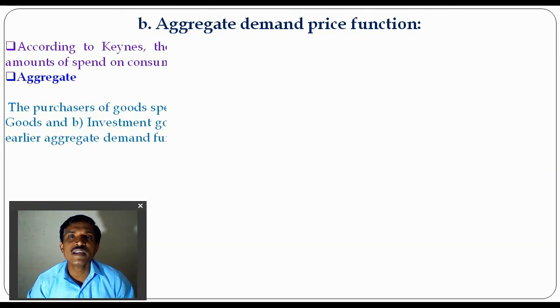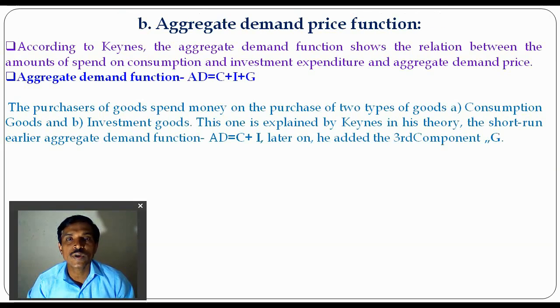The next thing is the aggregate demand price function. According to Keynes, the aggregate demand function shows the relation between the amount spent on consumption and investment expenditure and the aggregate demand. So the aggregate demand function is equal to C plus I plus G. In his short-run theory, earlier, the aggregate demand function was C plus I, meaning the consumption goods demand and the investment goods demand.